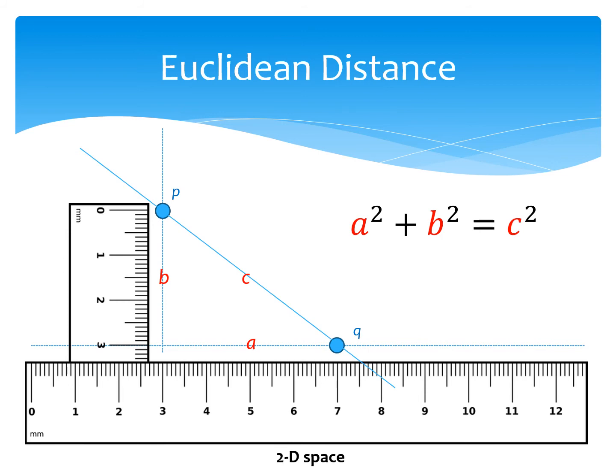For example, in x direction, the distance A between P and Q is 7 minus 3, which equals 4. In y direction, the distance B between P and Q is 3 minus 0, which equals 3. We can obtain the straight line distance C between P and Q by using the Pythagoras theorem, as the equation shown on the screen.